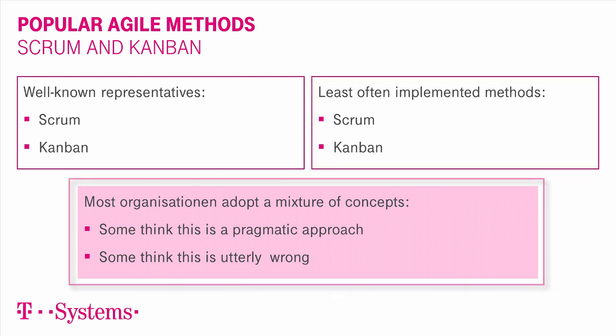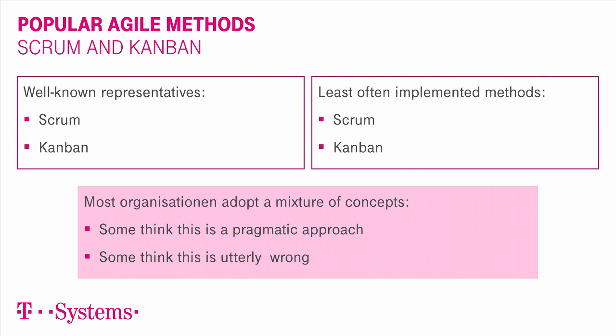Most organizations adopt a mixture of the concepts, something that a pragmatic approach is appropriate for their specific organization. But some others think this is the completely wrong way to do. So this is actually difficult.